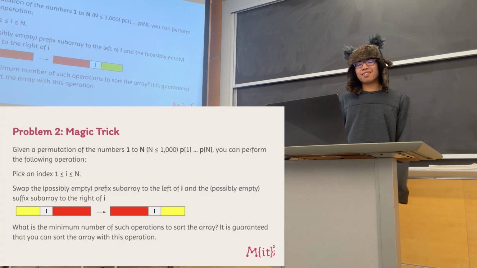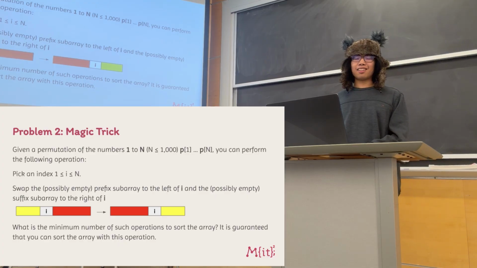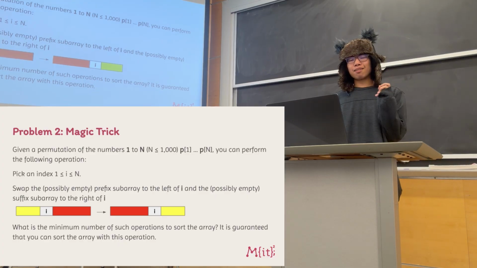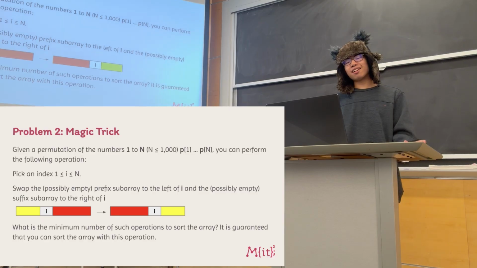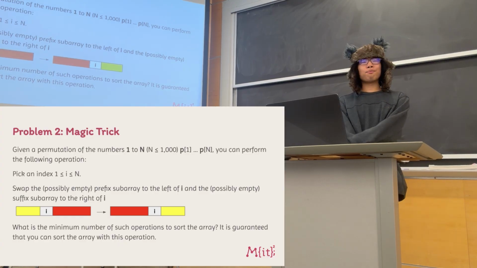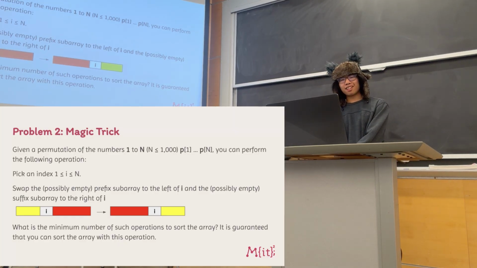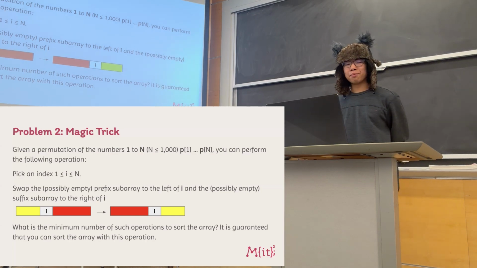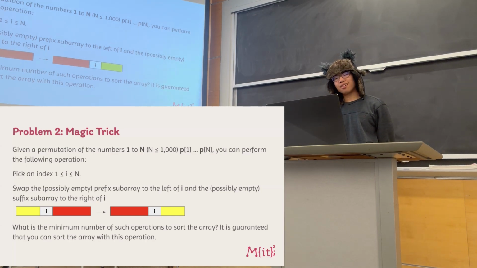You pick an index I, and then you take the possibly empty prefix to the left of I and the possibly empty suffix to the right of I, and you swap the two subarrays. And what is the minimum number of operations to sort the array?